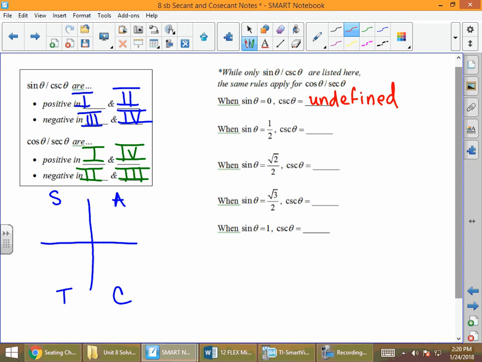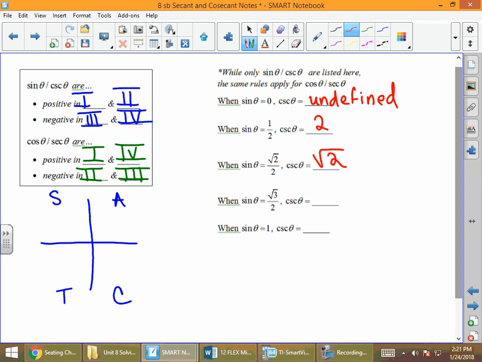When sine of theta is 1/2, our reciprocal is 2. When sine of theta is the square root of 2 over 2, when we take the reciprocal, we get 2 over the square root of 2. We have to rationalize that value. And ultimately what we ended up with is the square root of 2.